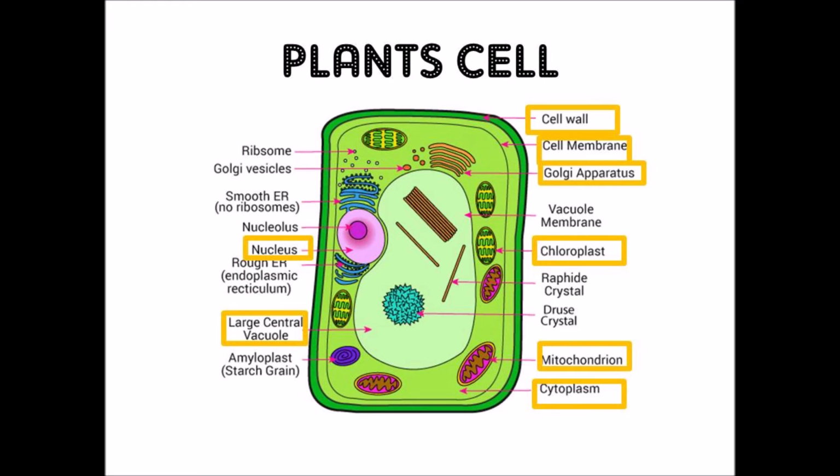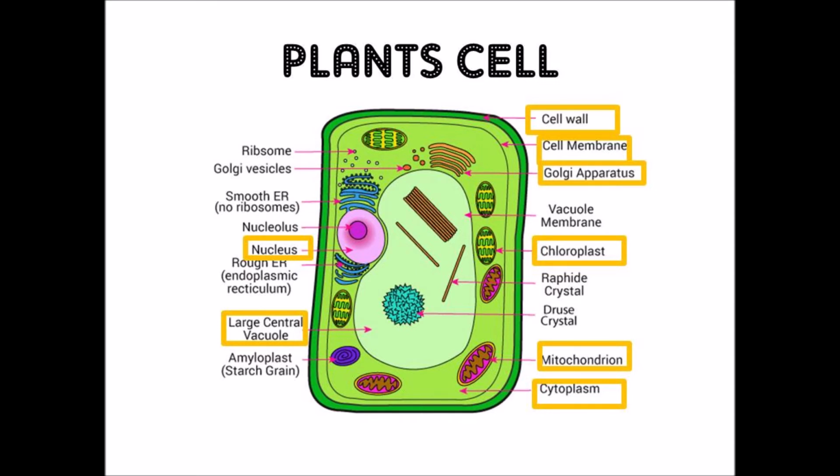The plant cell has a different shape. It's different from the animal cell. Some of the parts of the plant cell that we are going to study are the same as those of the animal cell. For example, the nucleus, the vacuole, the cell membrane, the Golgi apparatus, the mitochondria, and cytoplasm.